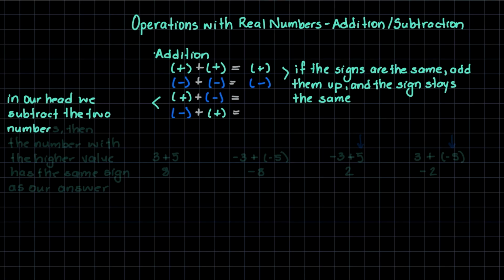So we ignore what the signs are and we just subtract. Then the number with the higher value has the same sign as our answer.